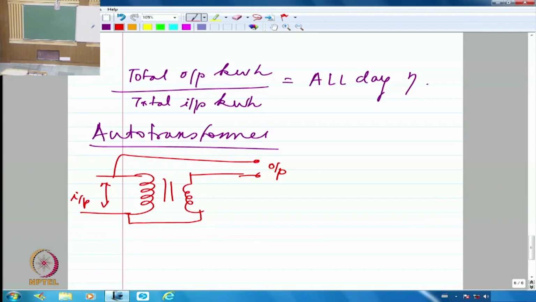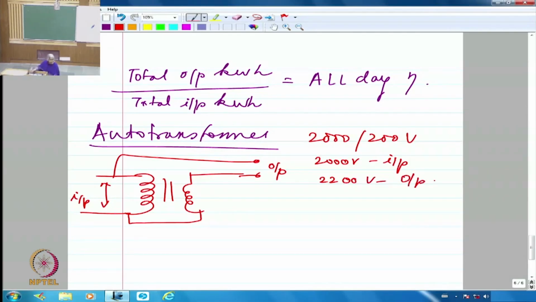So if it is a 2000 by 200 volts transformer and I am applying 2000 volts at the input and trying to derive 2200 volts at the output, what I calculate as kVA would be different from applying 2200 volts as input and trying to derive 2000 volts as output. It will not be the same. It will be different. So you should be given a situation to derive the kVA rating.